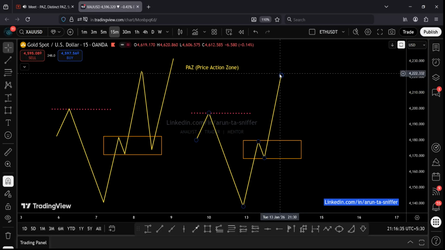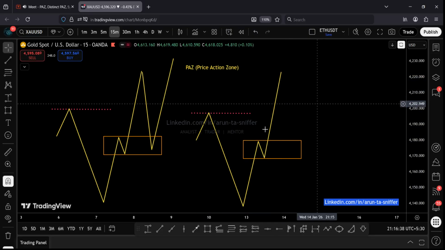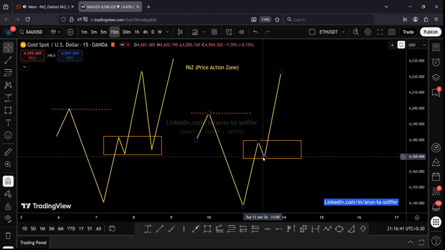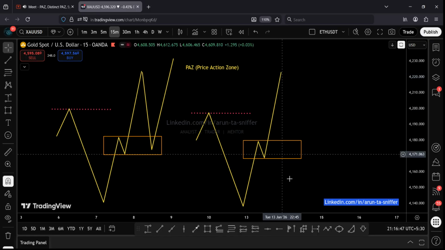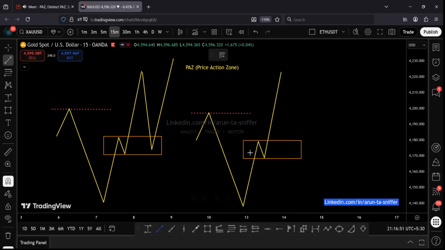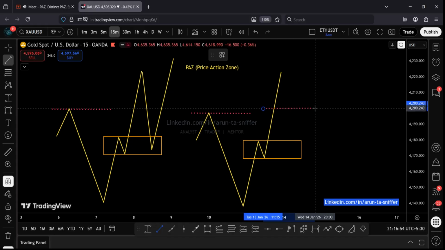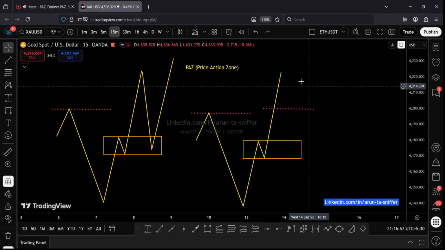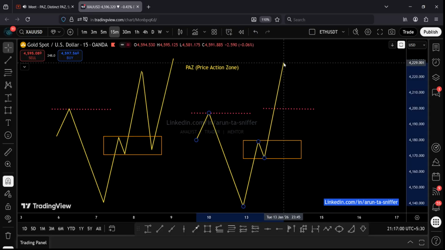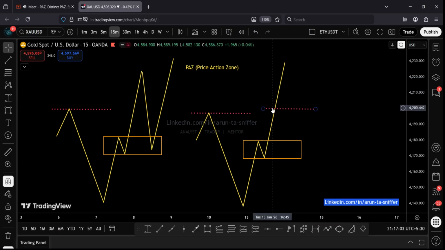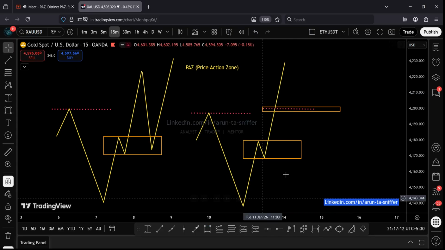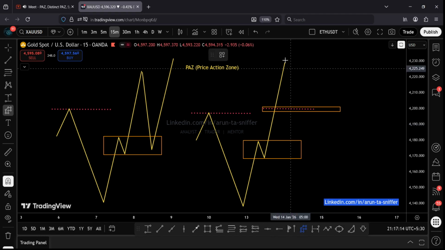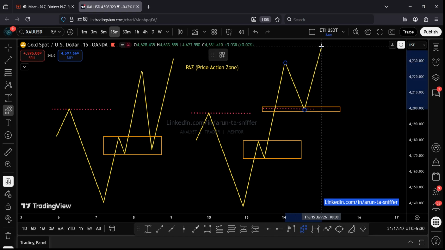Let's just delete this. This is our momentum candle. What price may do is come down to only 50% of this momentum candle. So assume the 50% is somewhere here. There could be a hidden FL, hidden FL or FTR like this, and price will come back, hit this and go up.